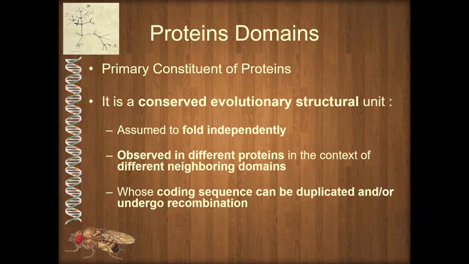So maybe the one protein, the gene for it is found on chromosome 1, and then I have a very closely related protein with the same sort of domain in it that's found on chromosome 4. What does that mean? Why are they so similar? We'll come back to that in a little bit. And we can duplicate these coding sequences and kind of mix and match and maybe begin to reconstruct the evolutionary history of these proteins and where they came from.